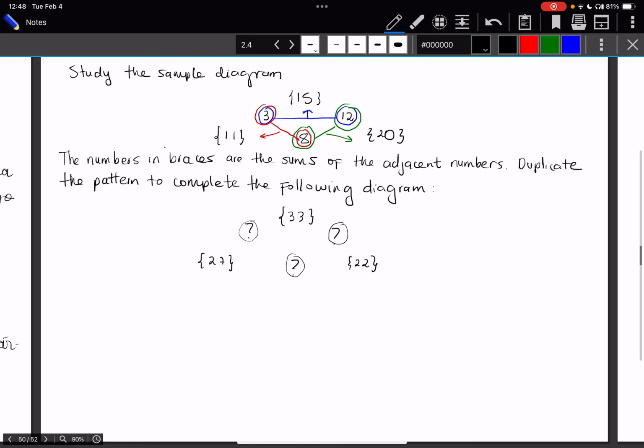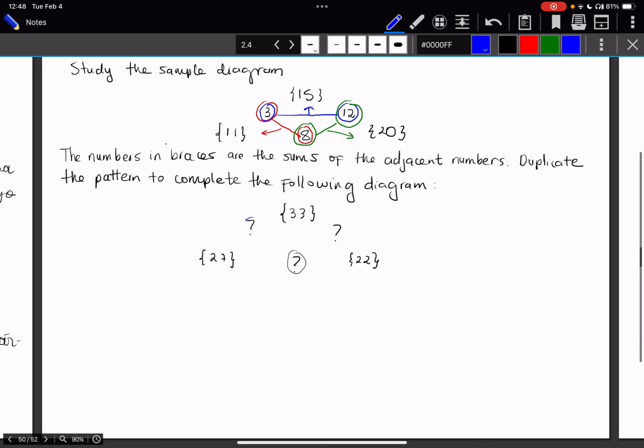33 is the sum of the adjacent numbers, the one right here and the one right here. So let's use some colors to show that this number added with the number we put here, which we don't know yet, should be 33.